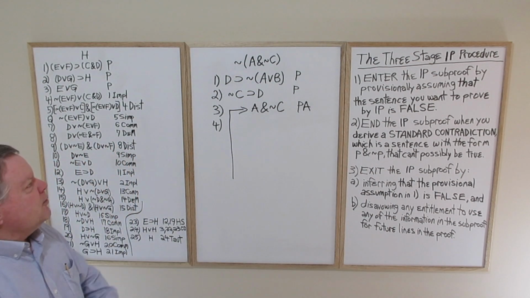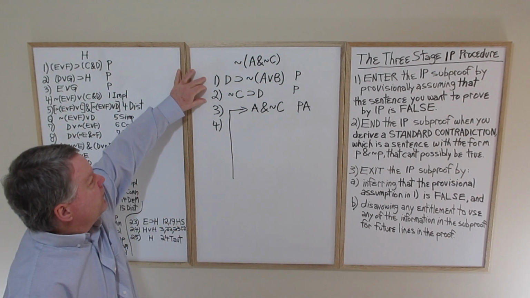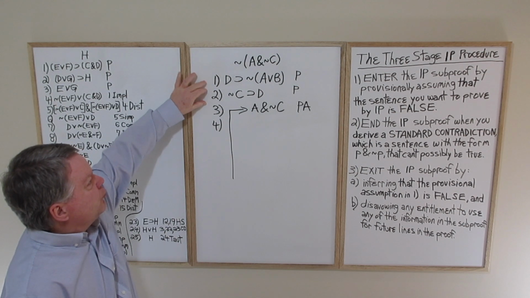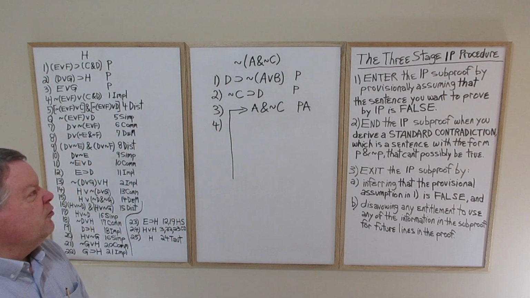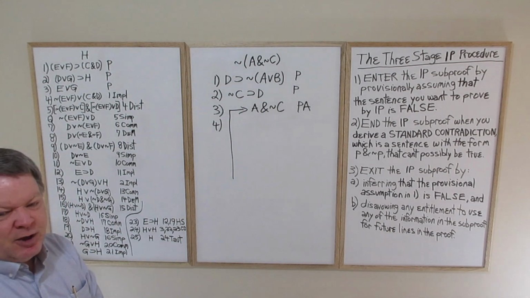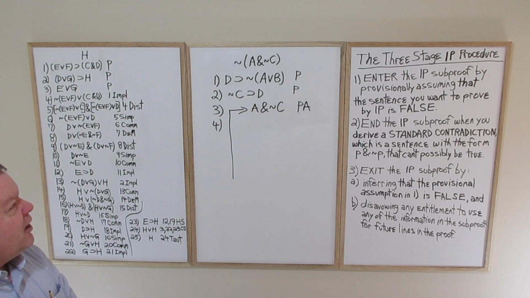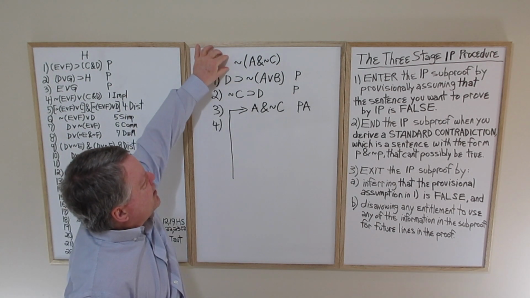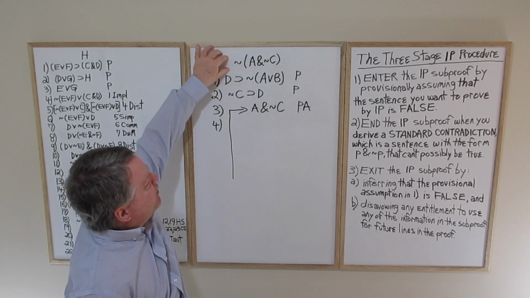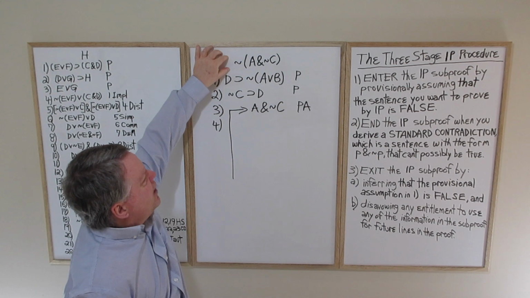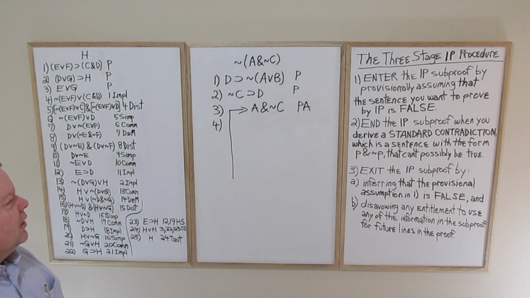If we can demonstrate that, given that the two premises are true, the provisional assumption A and tilde C forces us to a standard contradiction, we will then have proven that the conjunction A and tilde C can't be true, which is an indirect way of proving this sentence, the negation of A and tilde C. So we start off with our provisional assumption.